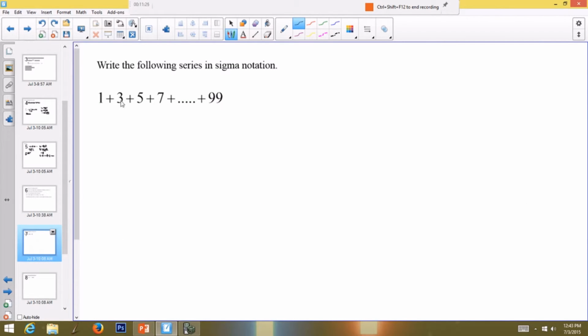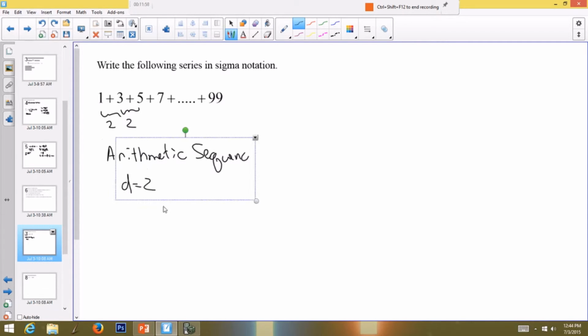Fairly straightforward. If I look at this series, I'm trying to figure out what I'm doing here. And if you notice, if I go from 1 to 3, that has a common difference of 2. From 3 to 5, that has a common difference of 2. So to get each of these terms, I have an arithmetic sequence whose difference is 2.